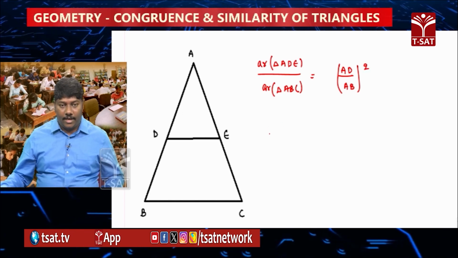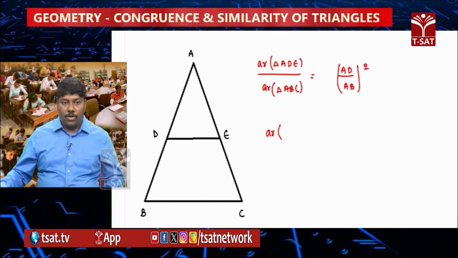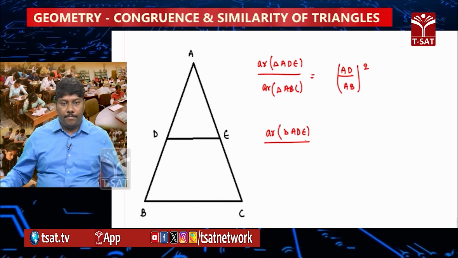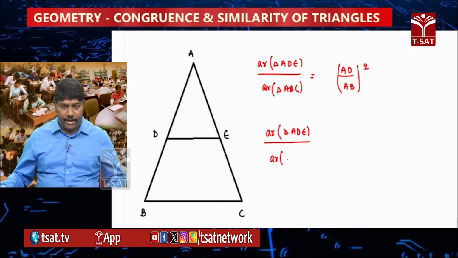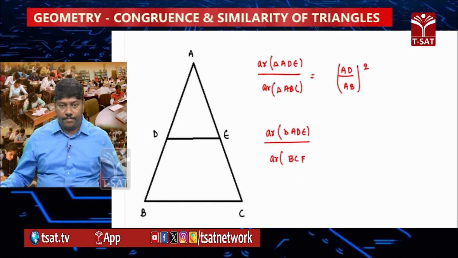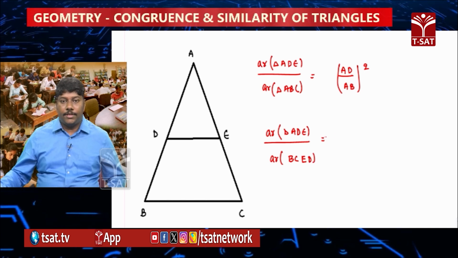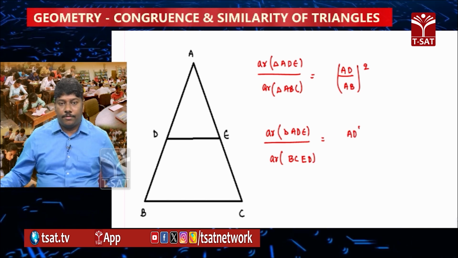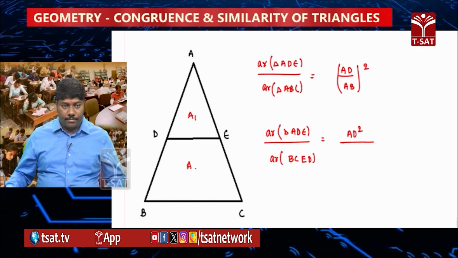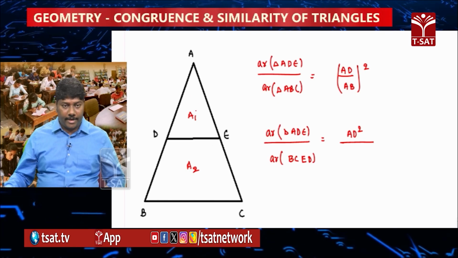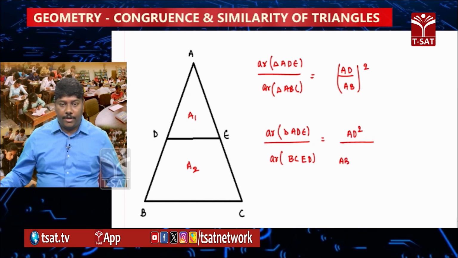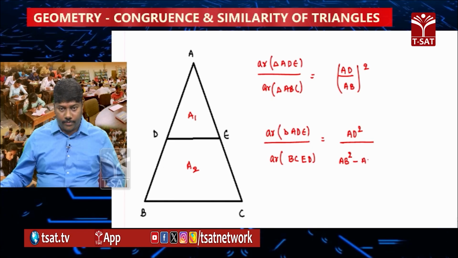Sometimes they will ask you the area of triangle ADE by area of quadrilateral BCDE or BCED. So, how do you find it? AD square by, see, this is area 1, this is area 2. So, from the whole triangle you just need to subtract area 1. Therefore, from the whole AB square you must subtract AD square.